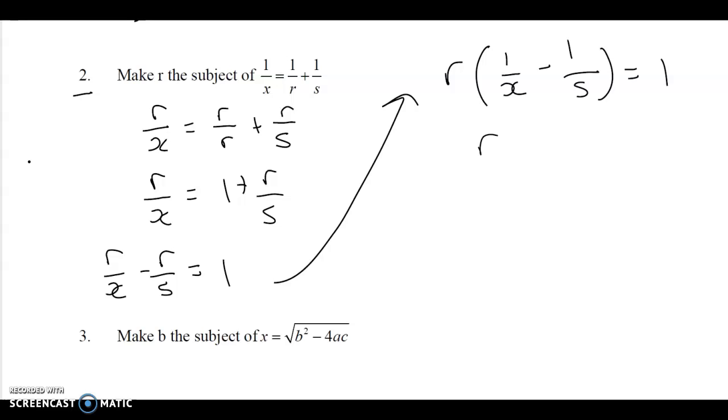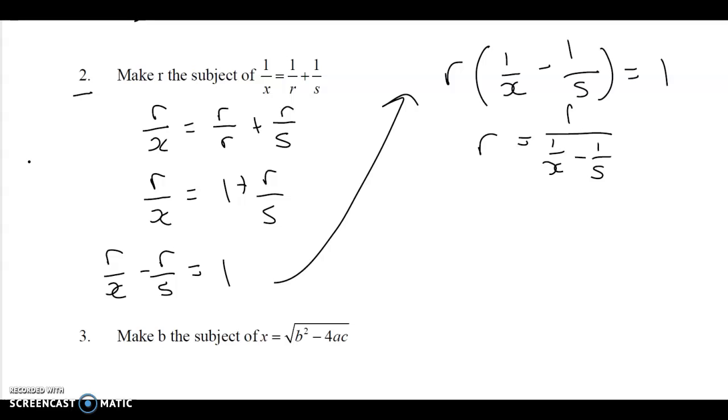So we get r equals 1 over x minus 1 over s. Now it's not that pretty. So if we choose to, we could combine that and keep going. But r is the subject of this equation, so that is also sufficient.